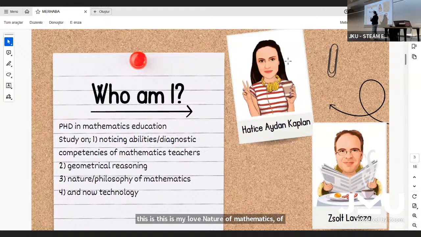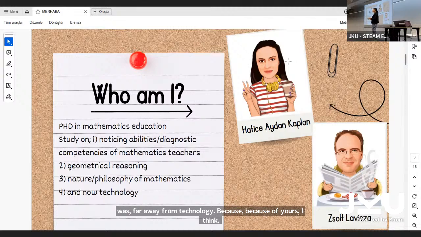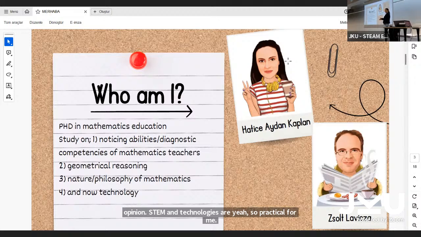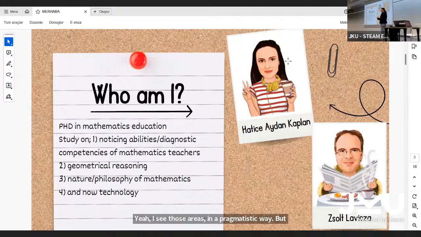I was far away from technology until now, I think because of philosophy. Because mathematics is more than practical ways, in my opinion. STEM and technologies are so practical for me. I see those areas in a pragmatic way, but I think mathematics is more than this pragmatic way.